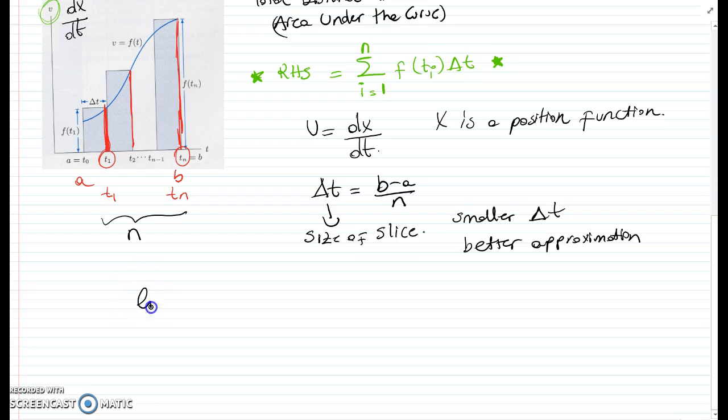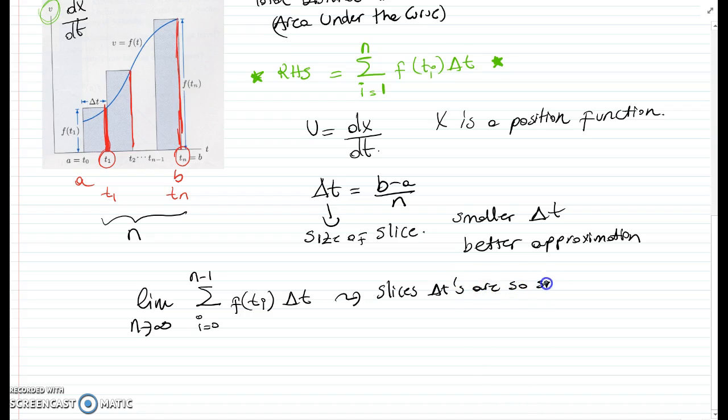If I take the limit as n goes to infinity of the sum from i equals 0 to n minus 1 of f of t i times delta t, it means the slices, or delta t's, are so small.